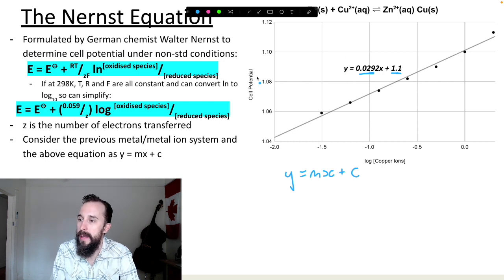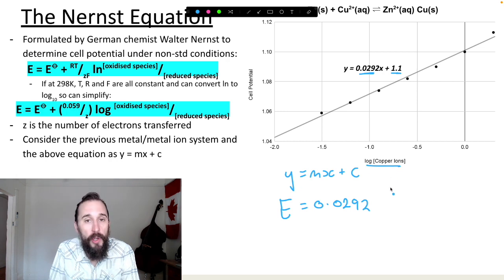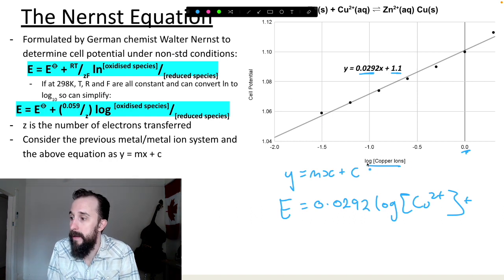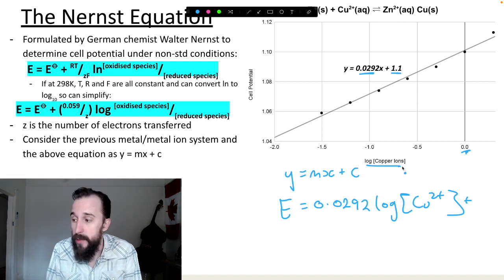So let's consider what our y is. Our y is our cell potential, so that's our cell potential under non-standard conditions, equal to our slope, which is 0.0292, times x, the logarithm of copper ions, Cu2+, and then plus c, which is when the log is equal to 1, so that's our reduction potential under standard conditions.